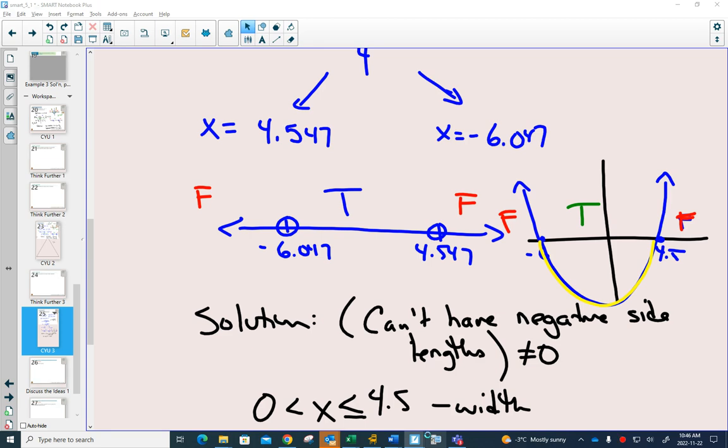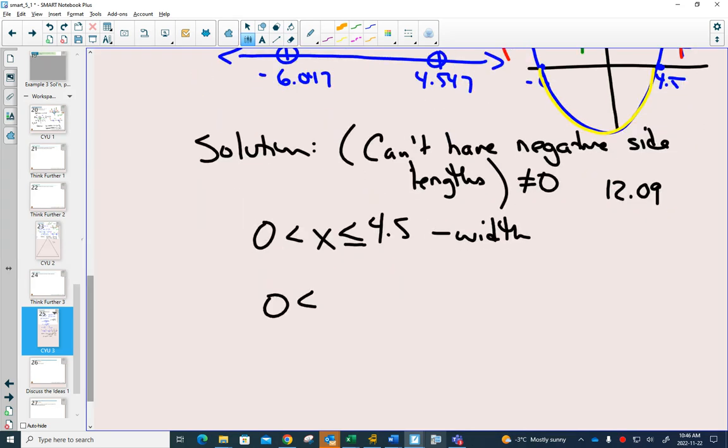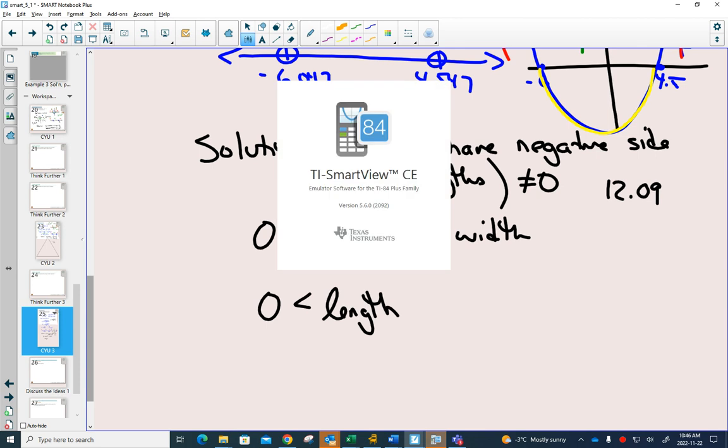I'll take the 4.547, times it by 2, and add 3. I get 12.09 for the length. I'm just going to write length here, because we don't have a variable for length. Again, the length has to be bigger than 0.